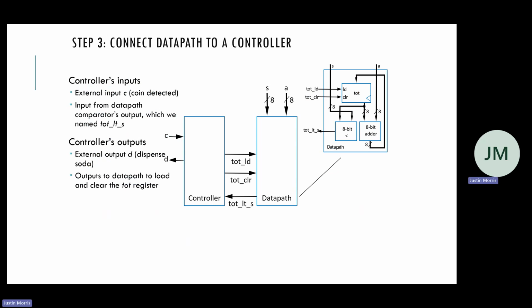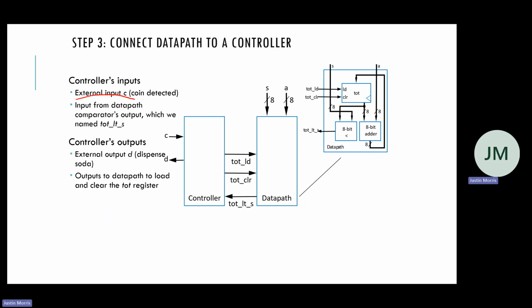So the next step is we need to connect the data path to the controller. So the controller's inputs are going to be the external inputs. So that's going to be C, right? And then we also have these inputs from data path.